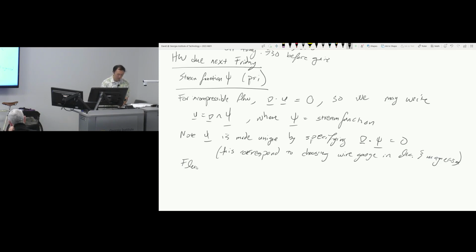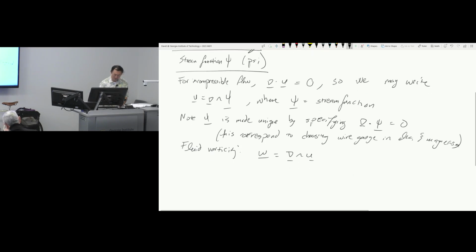The fluid vorticity is also related to the stream function. Remember, the vorticity is del cross u. If we substitute this, we have del cross psi vector.